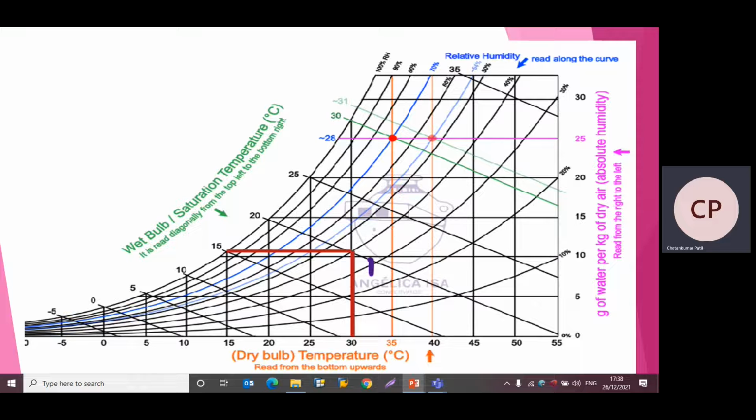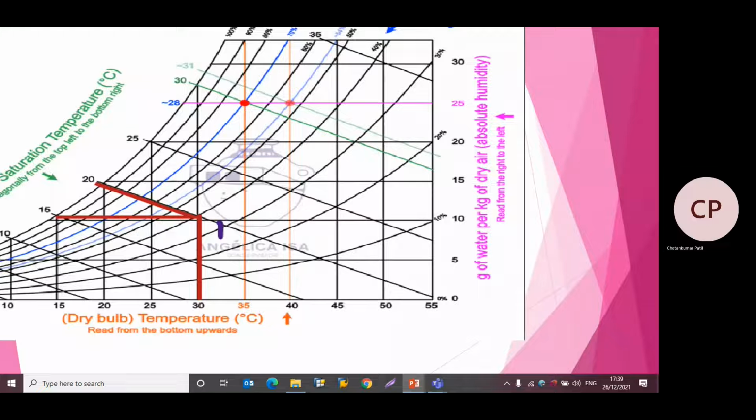To measure the dew point temperature for this point 1, we have to take one horizontal line. If we observe, this horizontal line intersects at 15 degrees Celsius. And we can say that the dew point temperature of air at point 1 is equal to 15 degrees Celsius.